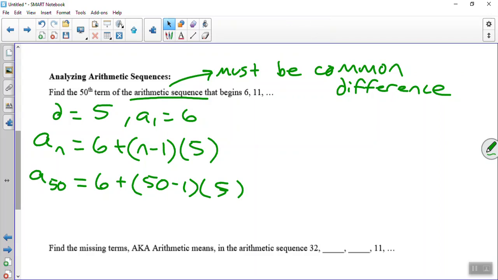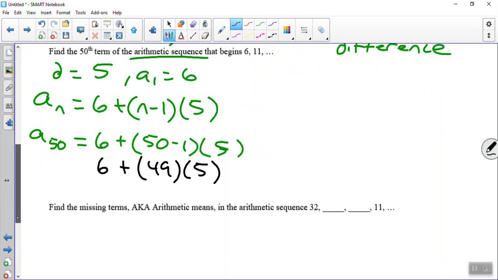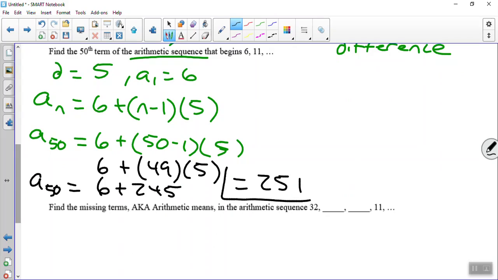Let's work that out. 6 plus 49 times 5. Well, 50 times 5 is 250, minus 5 is 245. So 6 plus 245 equals 251. So a sub 50 equals 251.